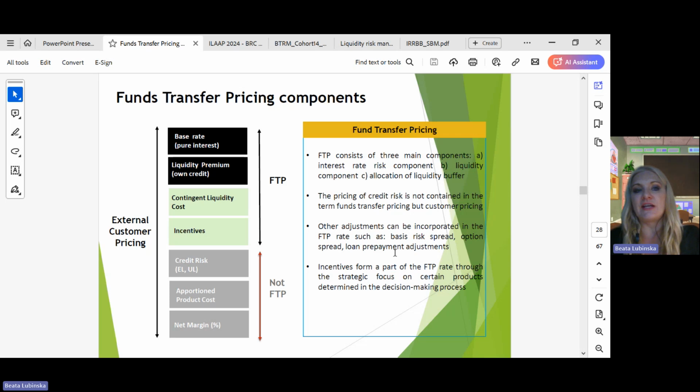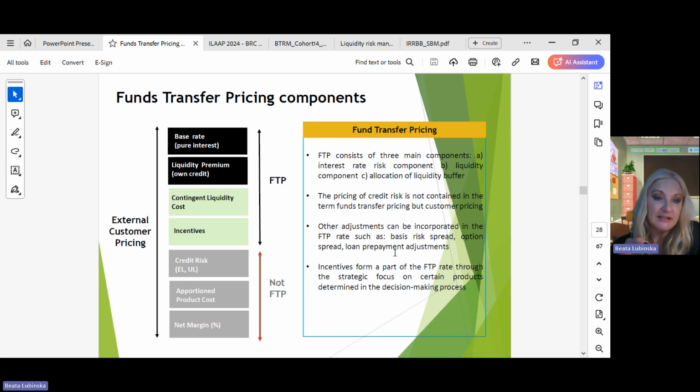And finally, we have the component which is a bonus or malus, some kind of incentive, which in some cases is included in the FTP to drive certain behavior, or to focus and gain more volumes of a certain product. This is a kind of incentive scheme.